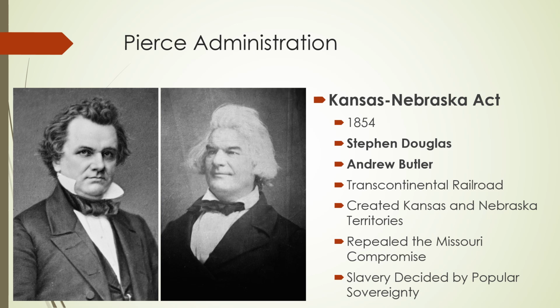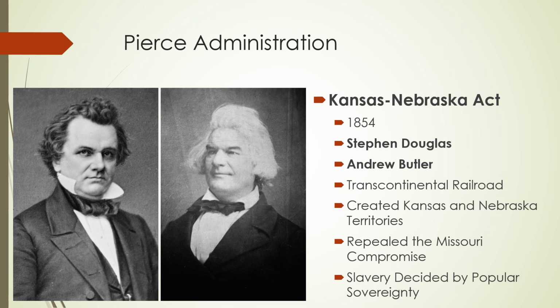But it would also undo the Missouri Compromise, because the Missouri Compromise said no new slave states above this line. So it does both those things. It opens the door to slavery in Kansas and Nebraska, technically, but it also repeals the Missouri Compromise.